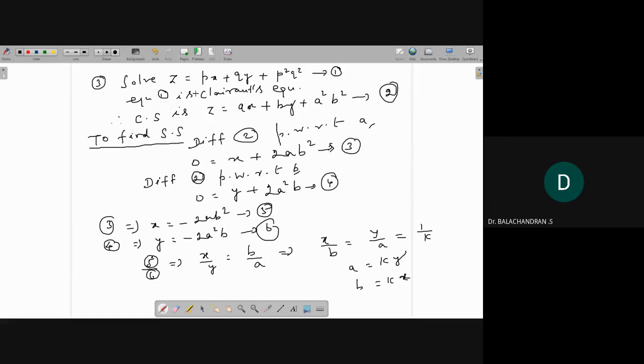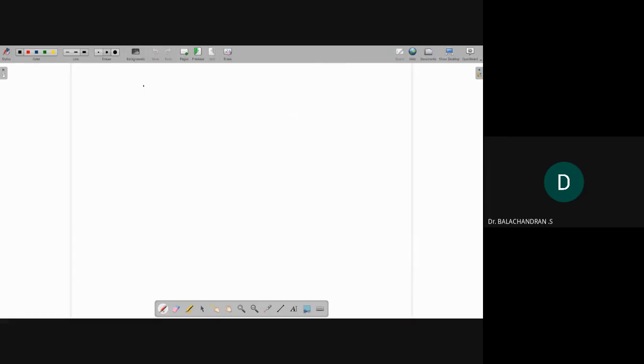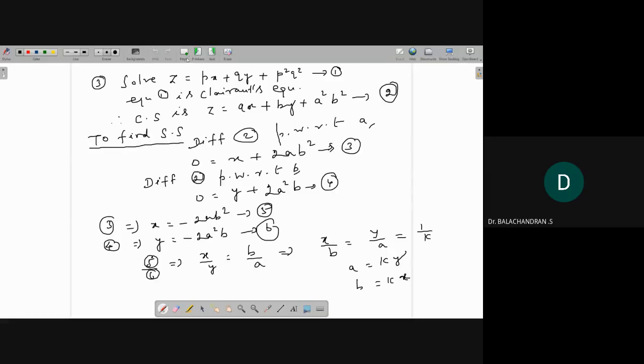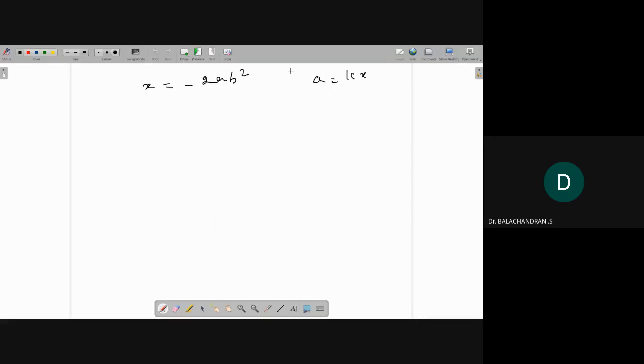Now equation 5, I'll write equation 5. Equation 5 is x is equal to minus 2 a b square. So we know that a equal to ky and b equal to kx, you can check it.